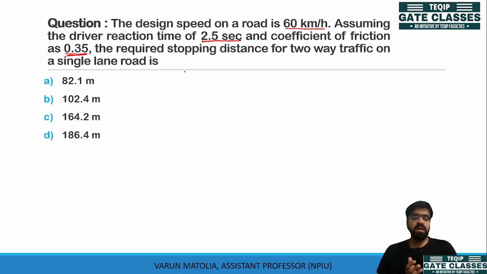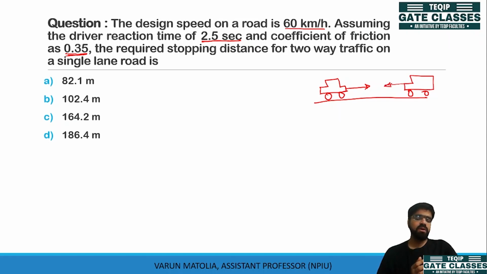This means that on a single lane, vehicles are moving in this direction, and on the same lane vehicles are coming in this direction. So we need the sight distance for this vehicle and for this vehicle, so that they can stop before colliding. So we need two times the value of sight distance.